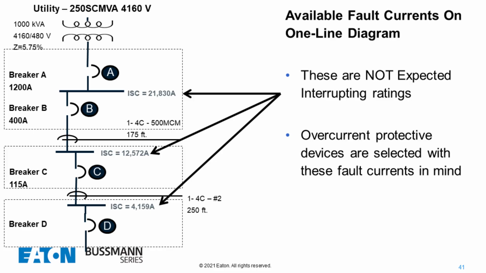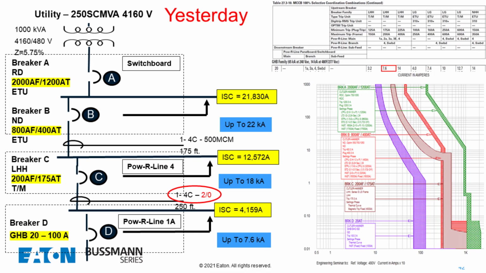Our conductors today are 500 MCM feeding lighting panel or panel C, and then we have number 2 conductor feeding panel D. So we have 500 kcmil feeding C, and a number 2 feeding D. Let's take a look at the time current curves to make sure that we have selective coordination.